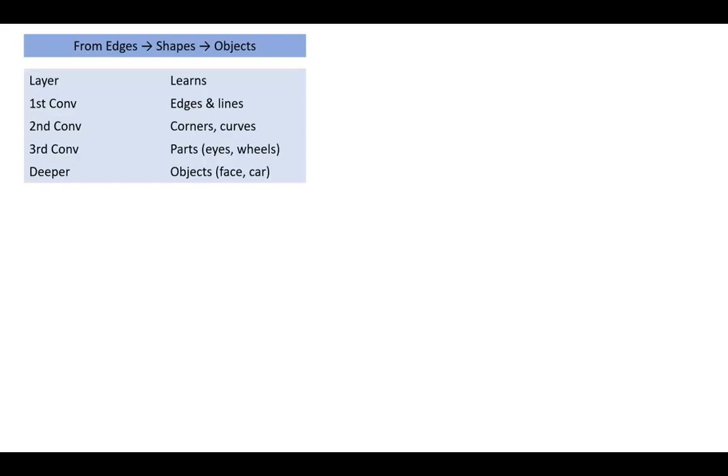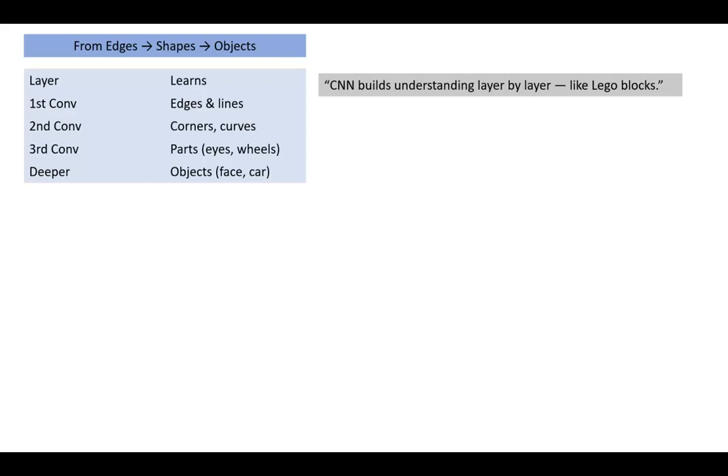The third convolution layer learns the parts of the image. If your image is a car or the face of a person, then the third convolution layer would have learned the wheels of the car and the eyes of the person. The deeper convolution layer will finally learn the object, that this is the face of a person or this is the picture of a car.